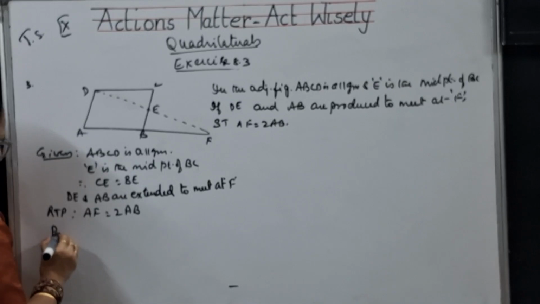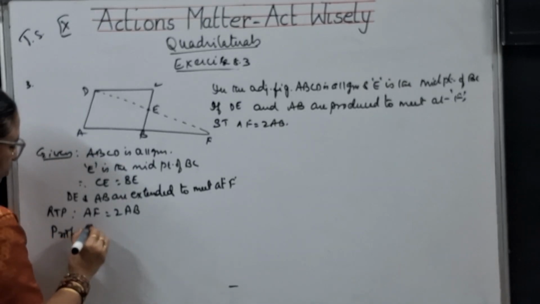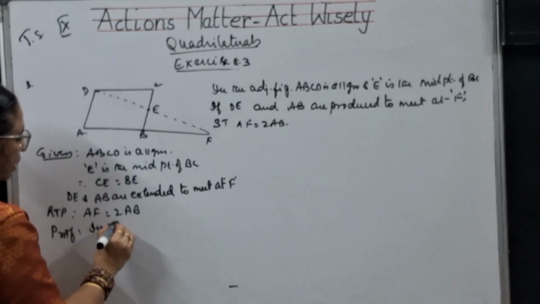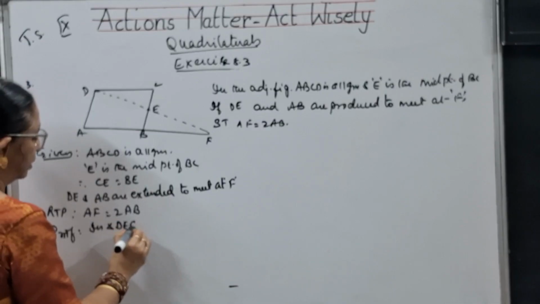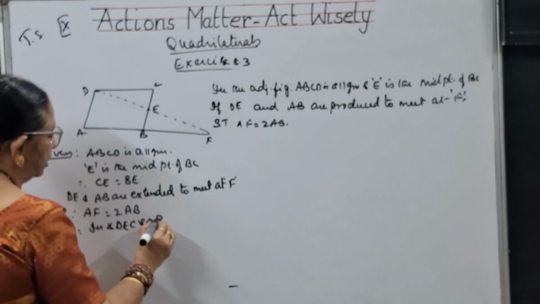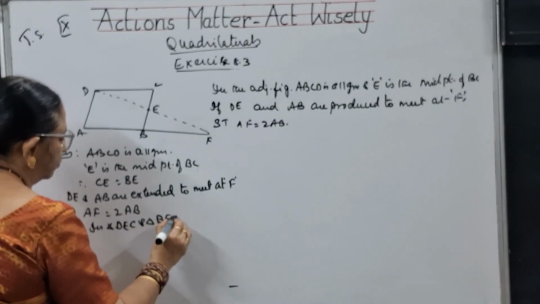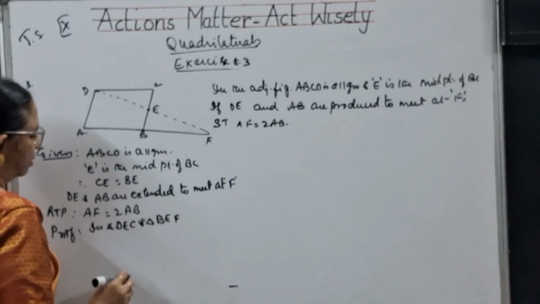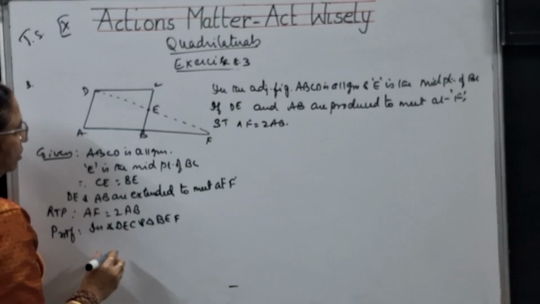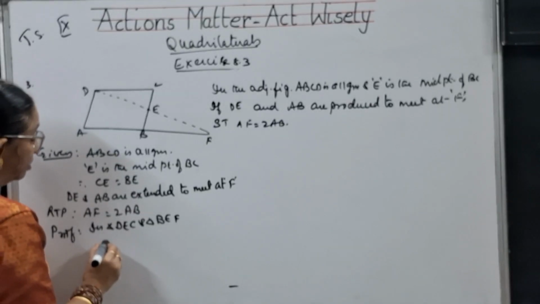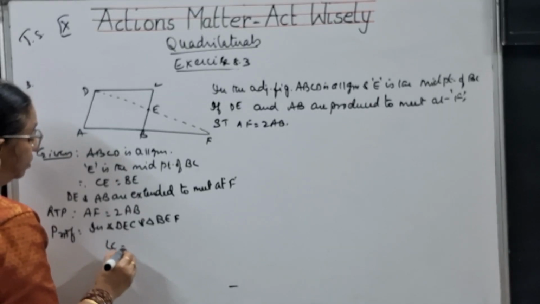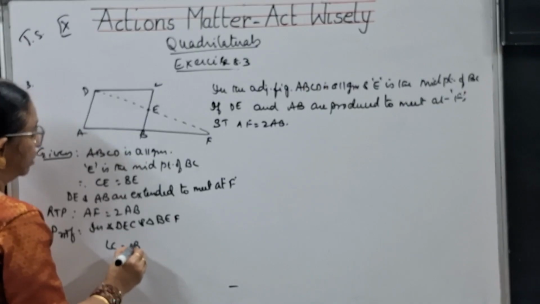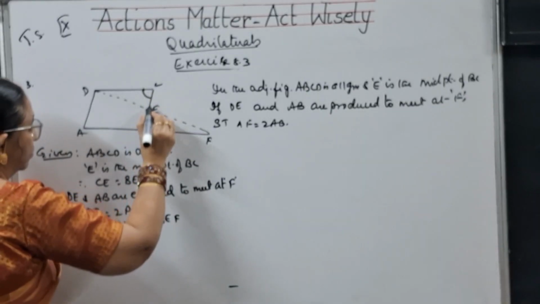So, let us see how we are going to prove. You have got triangle DEC and triangle BEF. In these two triangles, DEC and BEF, we can say that angle C is equal to angle B. These two angles are equal.